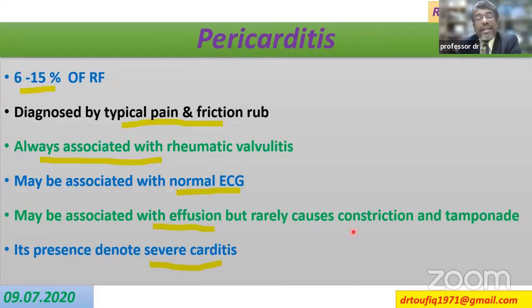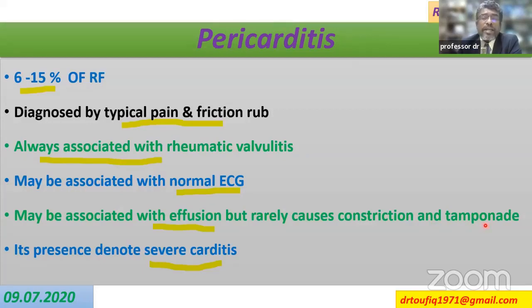And now pericarditis. 10 to 15% of rheumatic heart disease patients may have pericarditis, and there is quite typical chest pain, and there may be a friction rub, the pericardial rub, when you auscultate. It is always associated with rheumatic valvulitis, may be associated with a normal ECG, may be associated with effusion, but rarely causes constriction and tamponade.